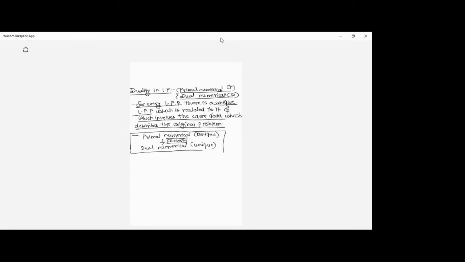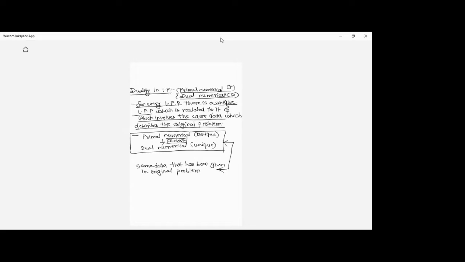And for this, you do not require some separate data. You have the same data that has been given in the original problem, and because of that only, that makes them unique problems.